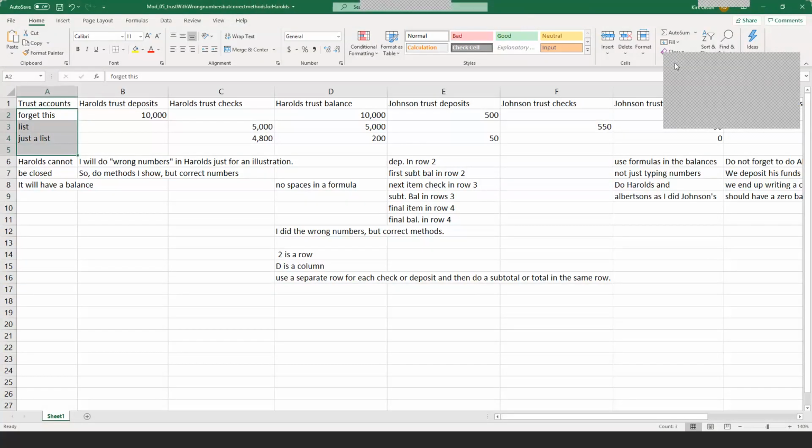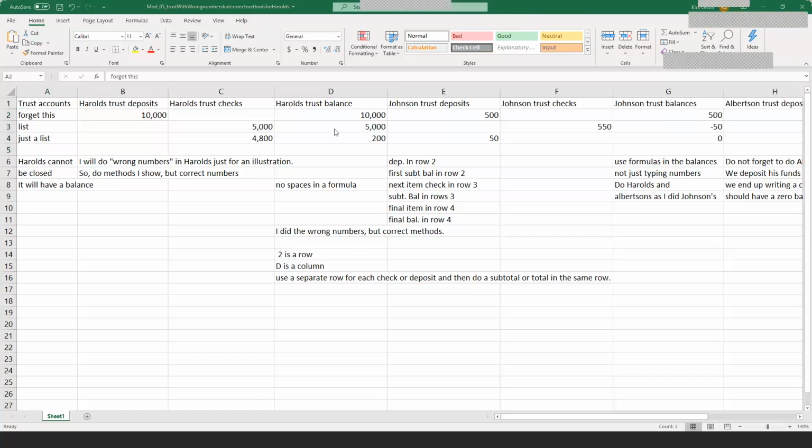Can you see what I'm doing? So under A, delete the names. Don't line up by this. That was just for illustration, but people use it to line up.